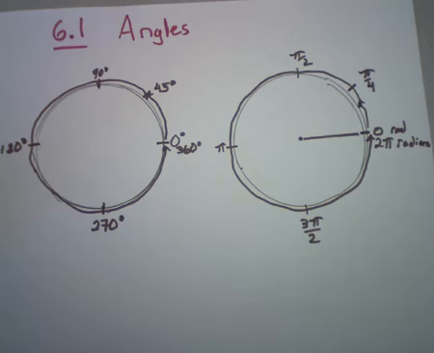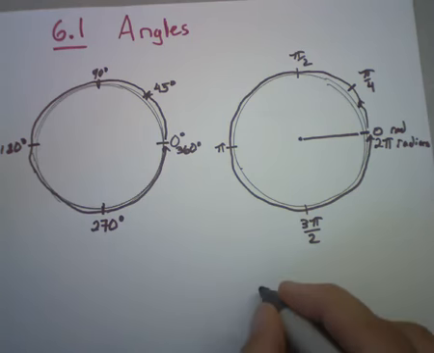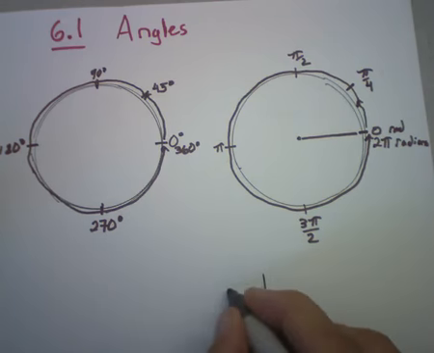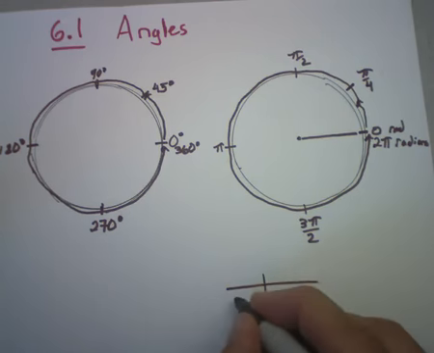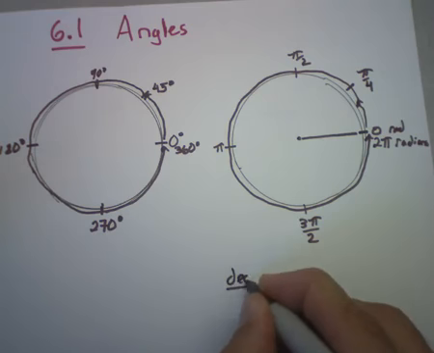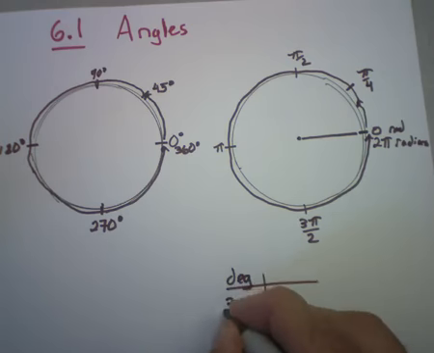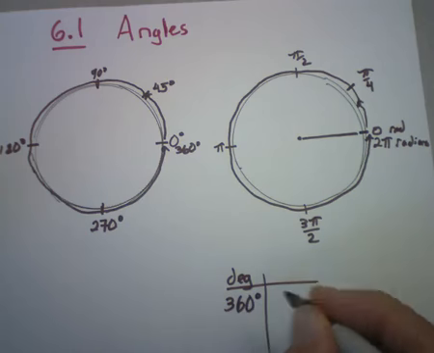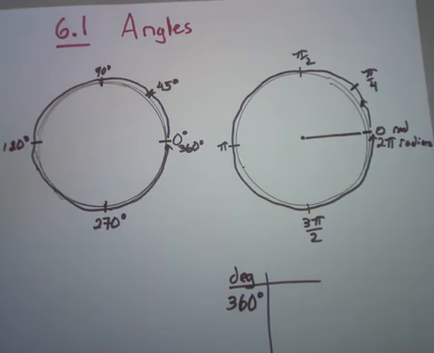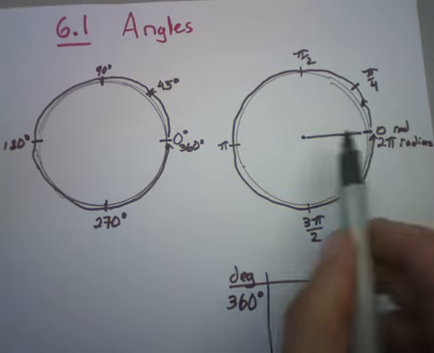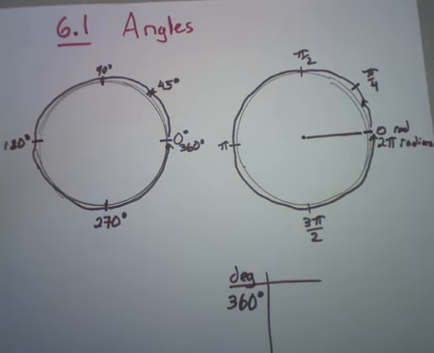So let's talk about converting, and let's say that you want to convert from degrees to radians. So let's say that you wanted to figure out what 360 degrees was in radians. And of course, we can just look at the two circles here side by side and figure that out right away.